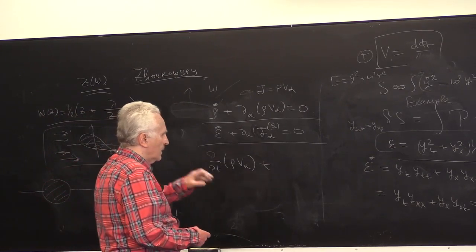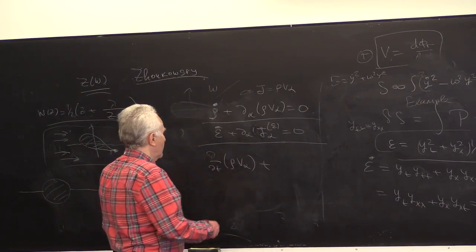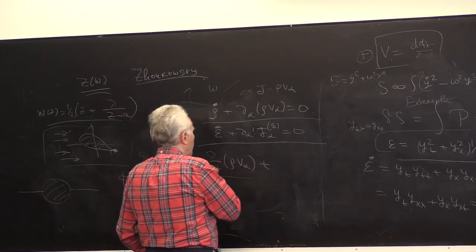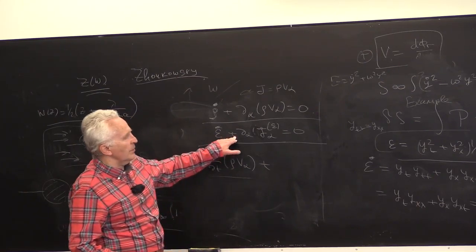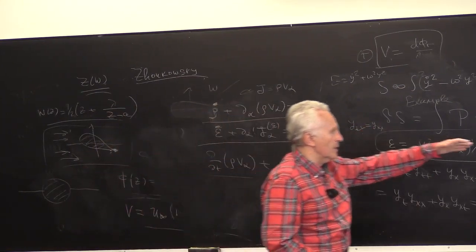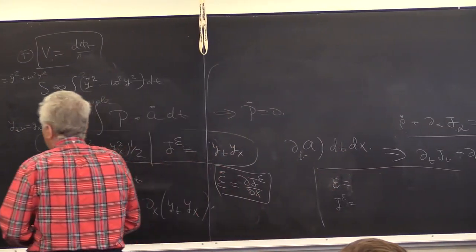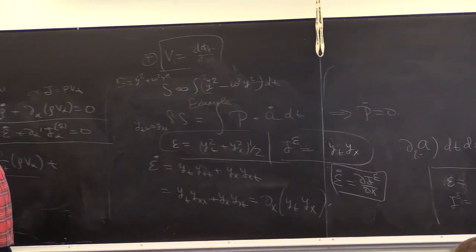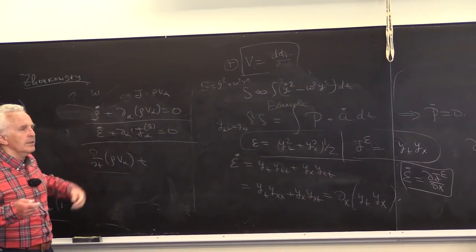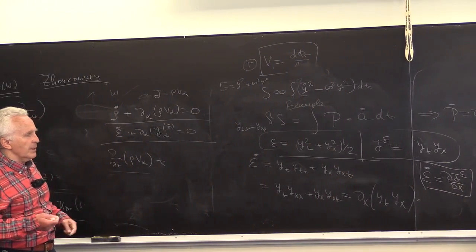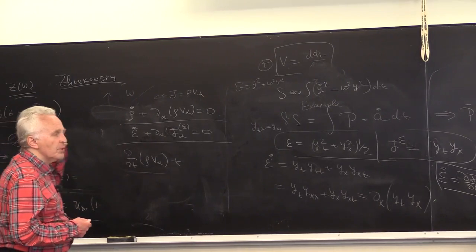We will calculate it explicitly, but before calculating, let's think. This is the general structure: the time derivative of the momentum density should be related to the divergence of the current.